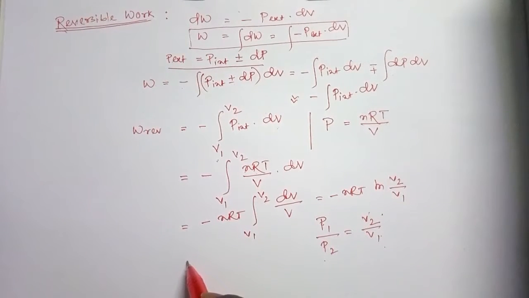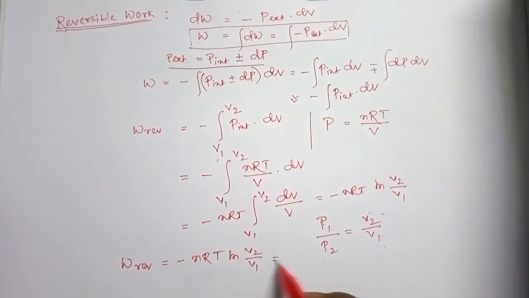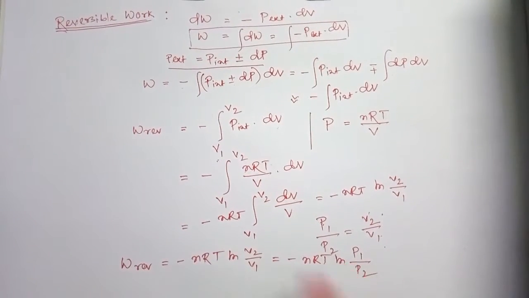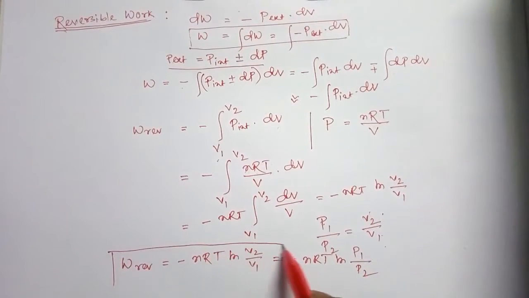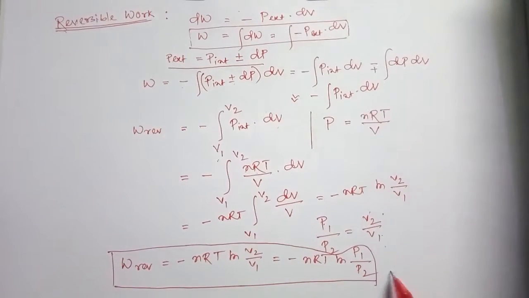Then we can write W reversible equal to minus nRT ln V2 by V1 or minus nRT ln P1 by P2. So this is the general expression for reversible work for an ideal gas.